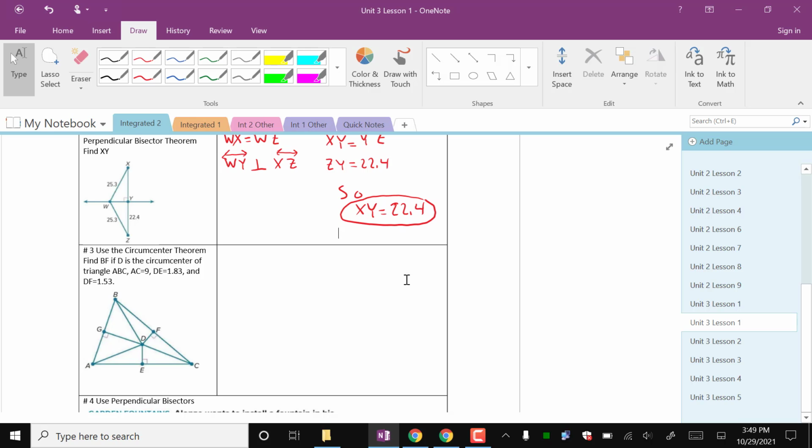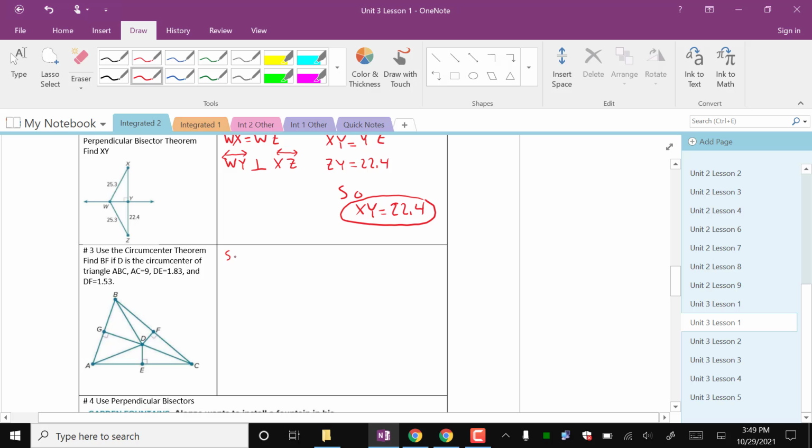Because DE bisects AC, we know that EC is half of AC. So we know that this part right here is going to be half of this whole thing.